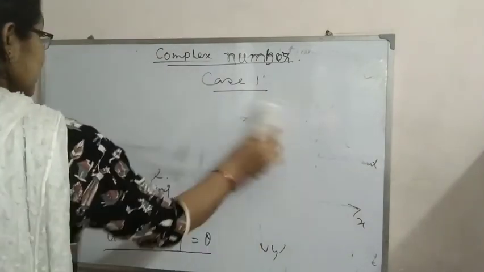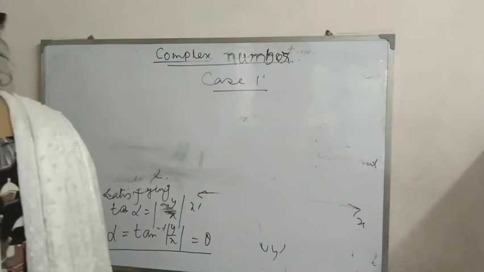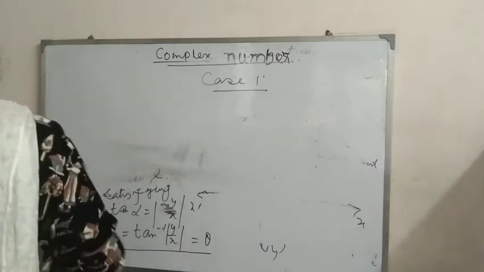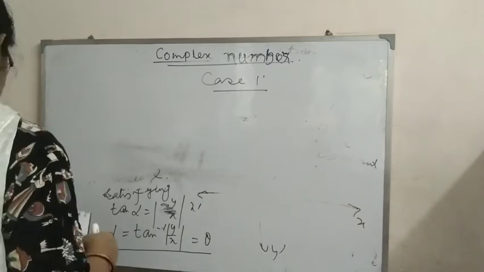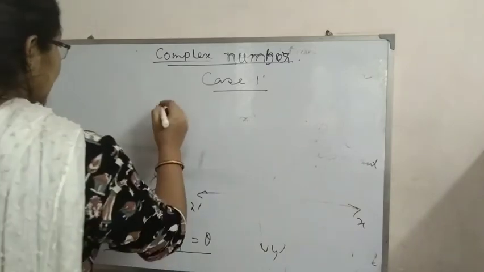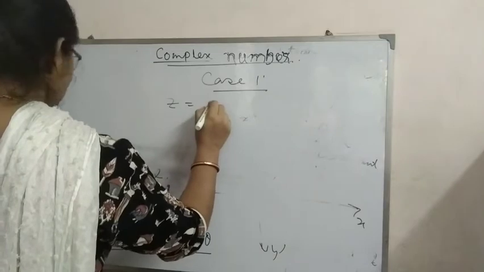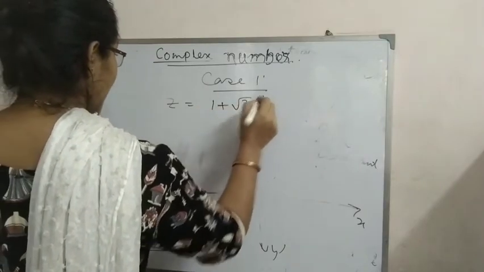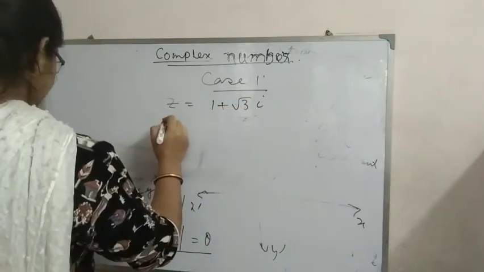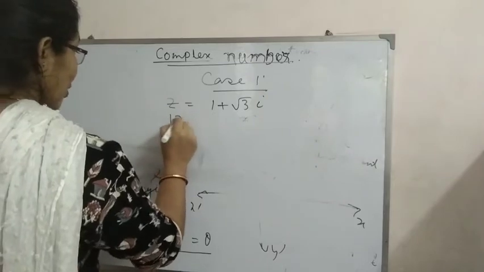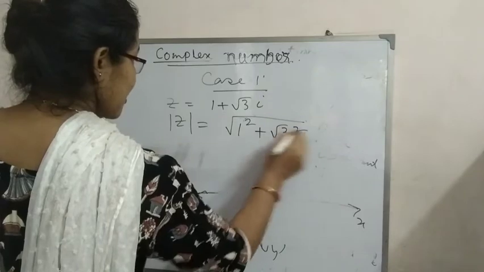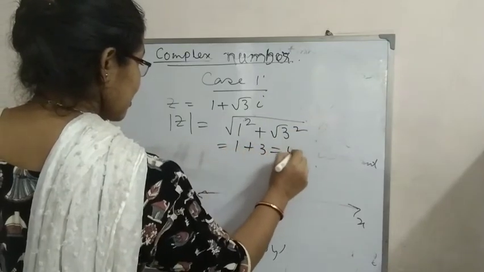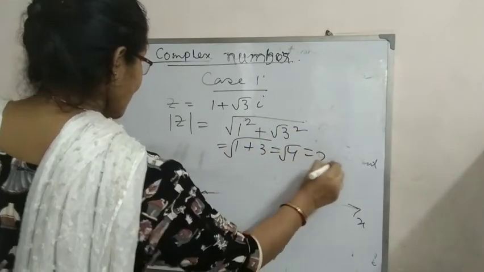If I give an example, z equal to 1 plus root 3 i, then modulus z equal to root over 1 square plus root 3 square, that is 1 plus 3 equal to 4, so that is 2.